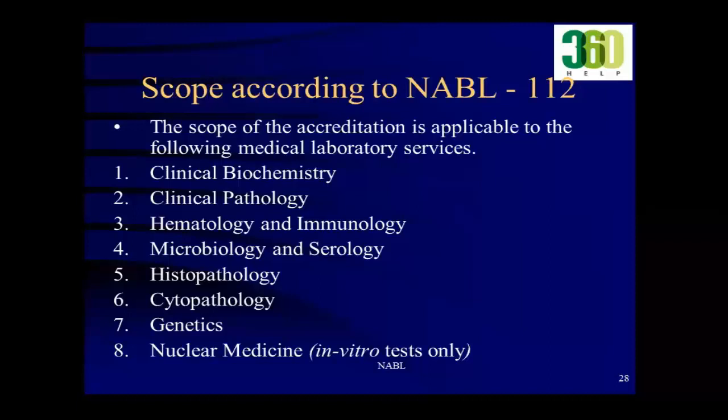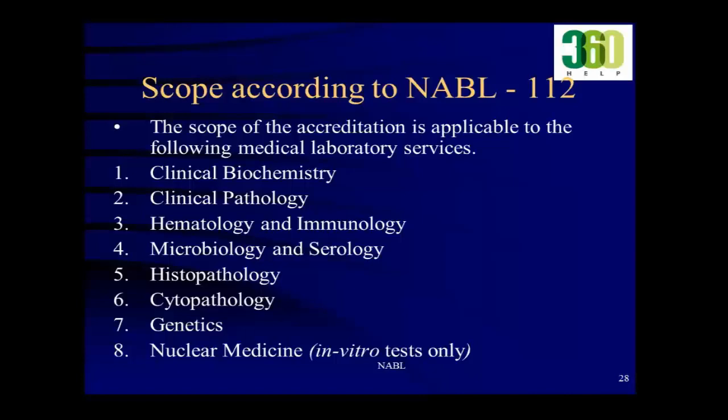If you go and see for histopathology, it would be written that blocks and reports of histo should be stored for 10 years. Slides for cytology should be stored for 5 years, right? So this becomes an Indian specification. NABL 112 is an Indian document; 15189 is an international document. From the international one, the Indian document has been derived for those specifications.